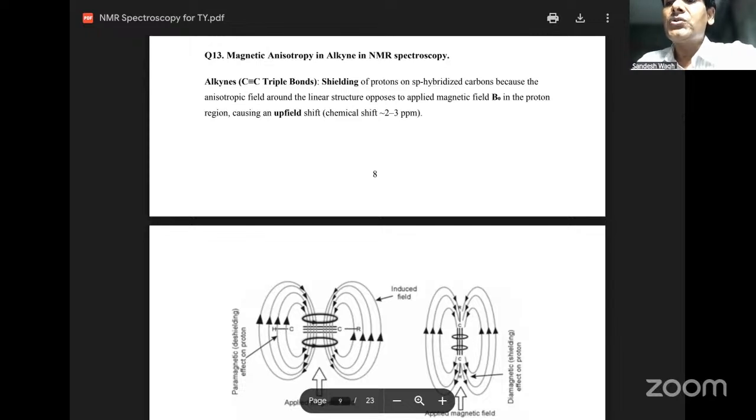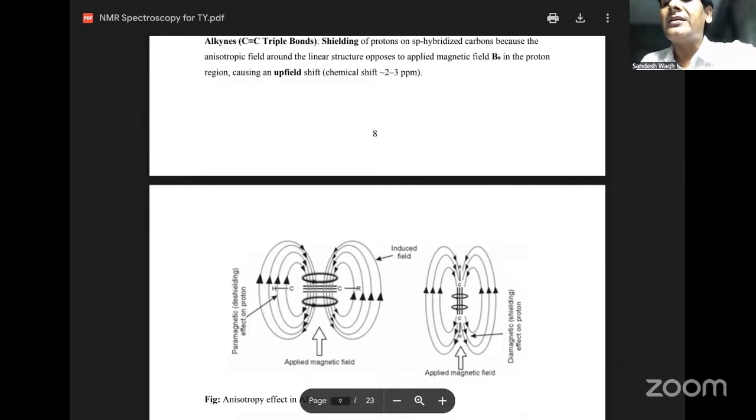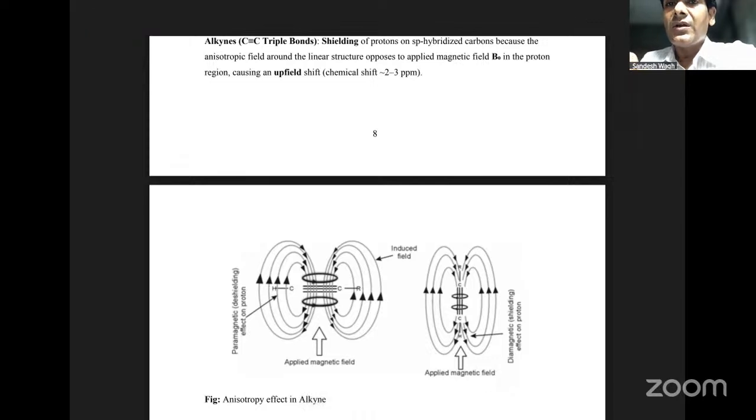There are two prominent orientations, parallel to the plane and perpendicular to the plane. The first structure will have the reinforcement, whereas the second structure will have the opposingly applied magnetic field. So in short, one structure will reinforce the applied magnetic field, whereas the other opposes the applied magnetic field.